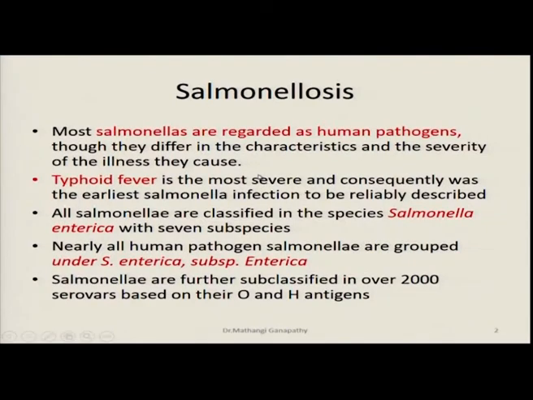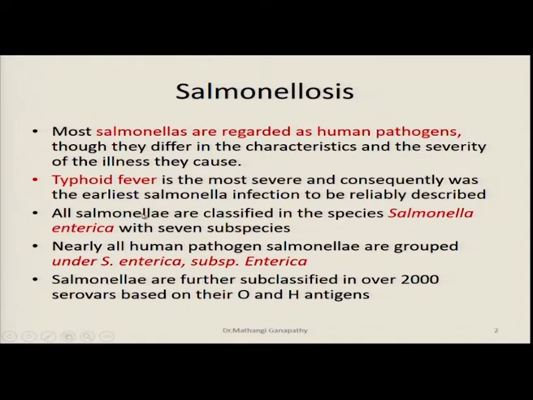Salmonellosis is caused by Salmonella, which is regarded as a human pathogen. But for each Salmonella species, or what we call the subspecies, the way they cause the disease, the manifestation and characteristics of the disease, as well as the severity of the illness is different in each one of them.